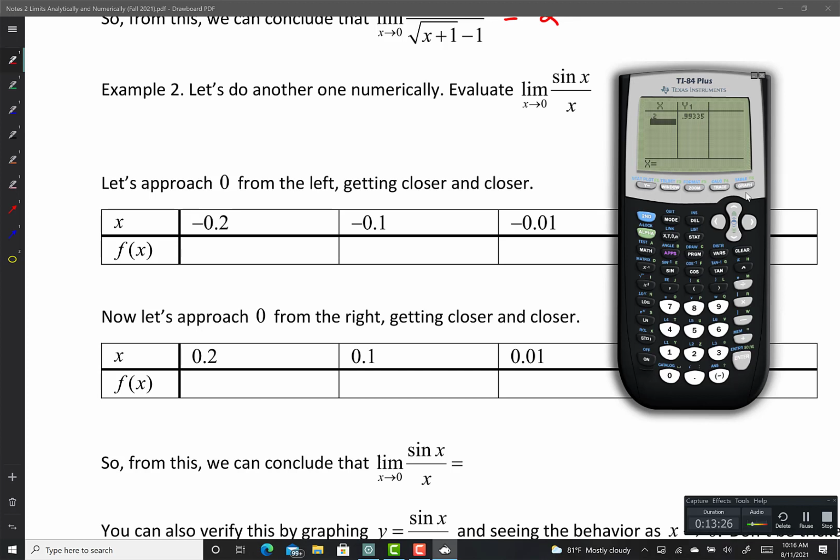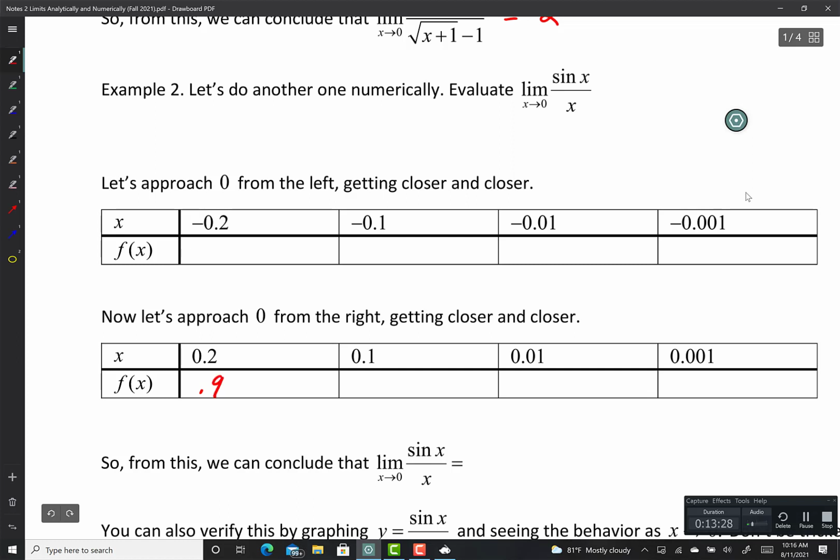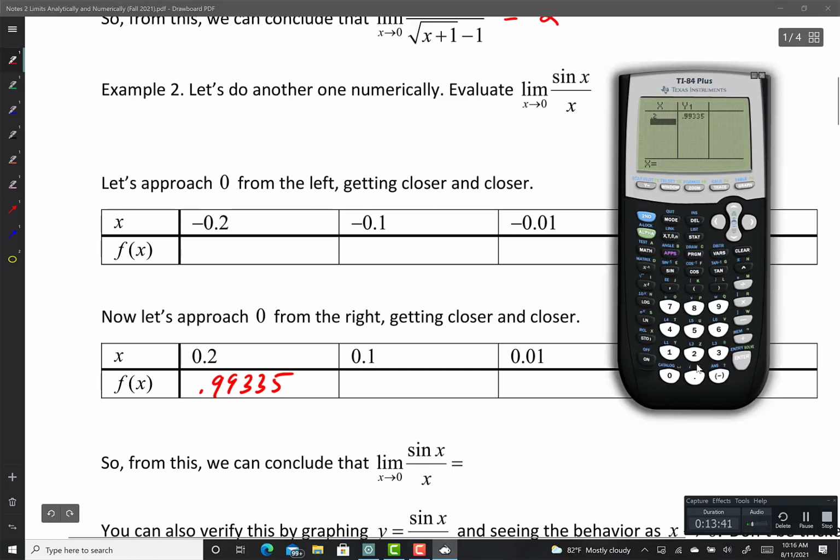I got 0.99335. Put that in there, guys. It fixes the table. 0.1. Yeah, so I should have probably left it. 0.99833.